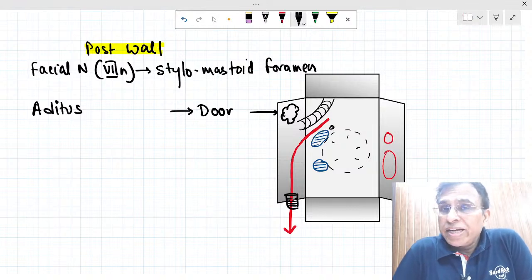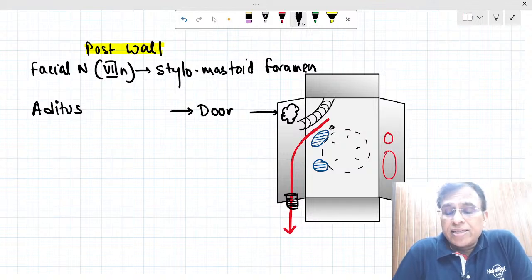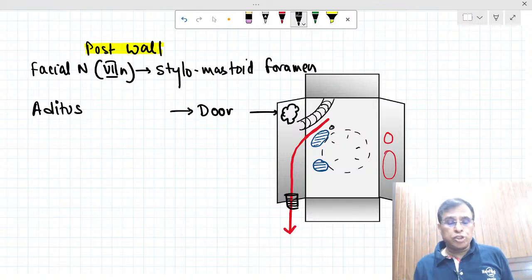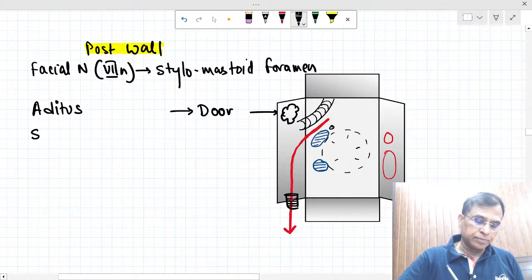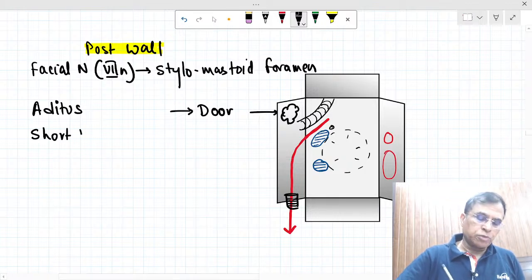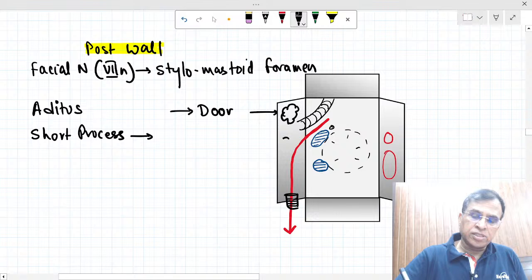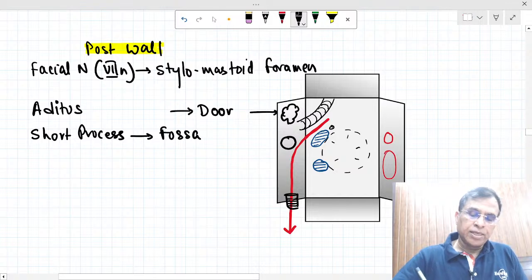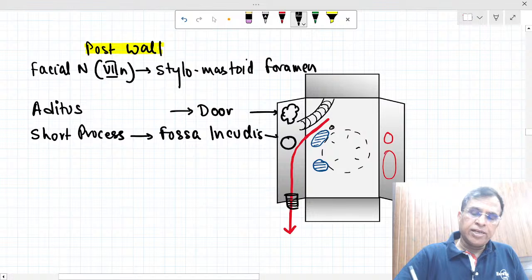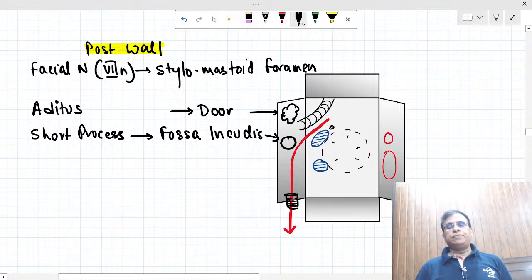How many ossicles do we have? Three ossicles: malleus, incus, stapes. The middle one is the malleus. Malleus has a process called the short process. Now the short process of the incus comes and fits in a fossa here like this, and this fossa is called fossa incudis, because it is the incus that is fitting here.